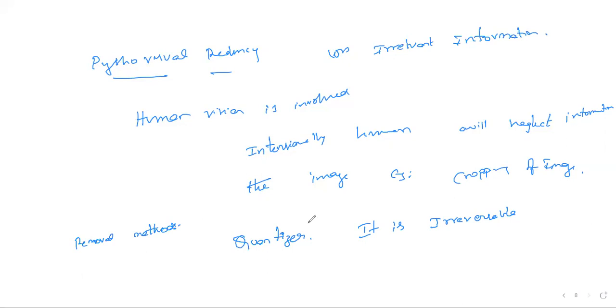We have only the quantizer. When you apply the quantizer to an image, information is lost. We don't get back the original image after compression.